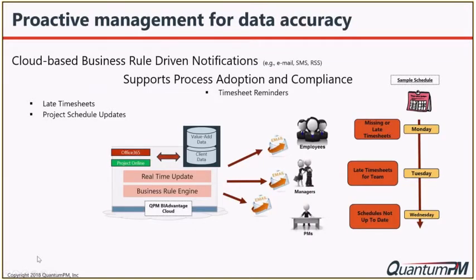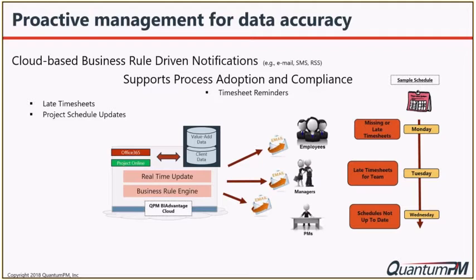Other things you can do to help you with that is to make sure that the processes in the organization are being well used and managed, so that you don't have to spend a lot of time chasing people to get data into the system. So this is just an example of how you might do that. This is for accuracy around employees submitting their time to the system.